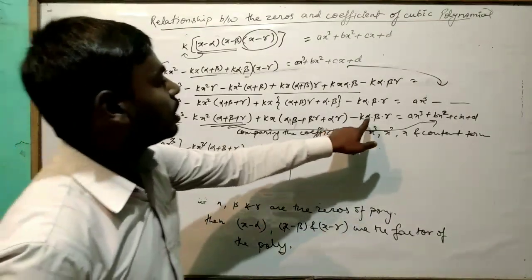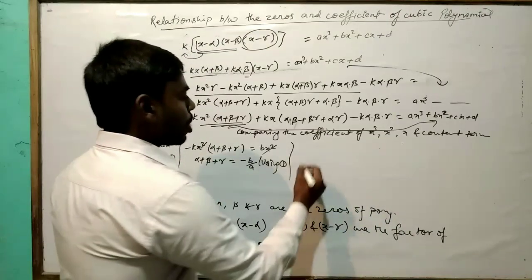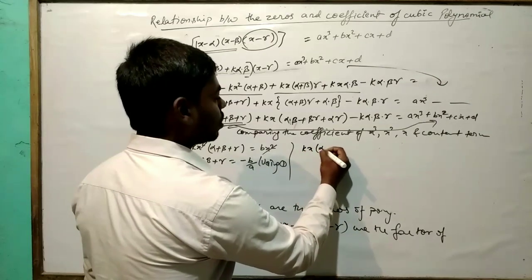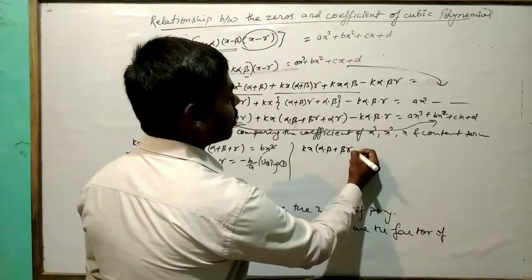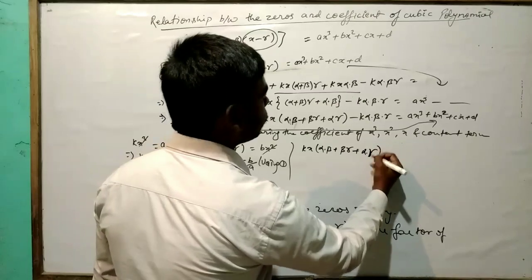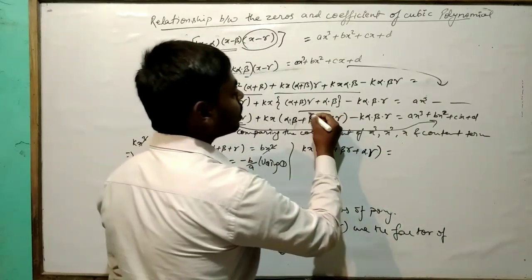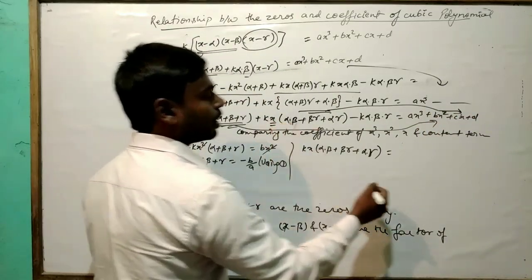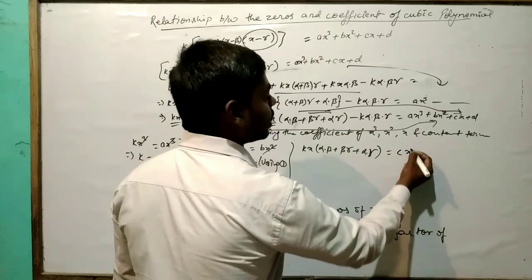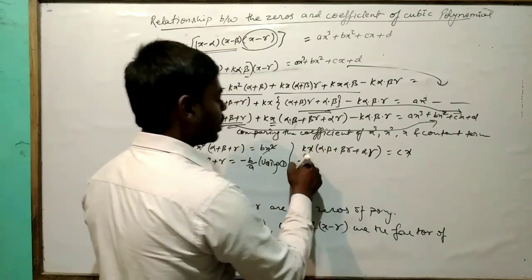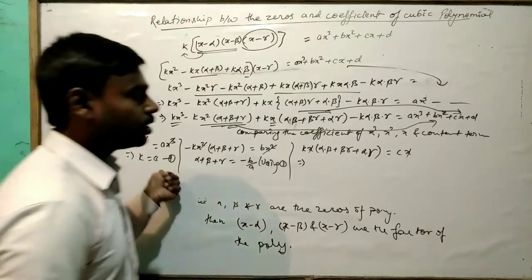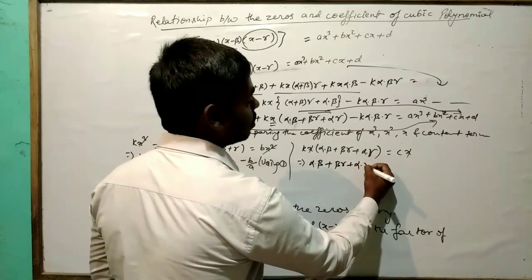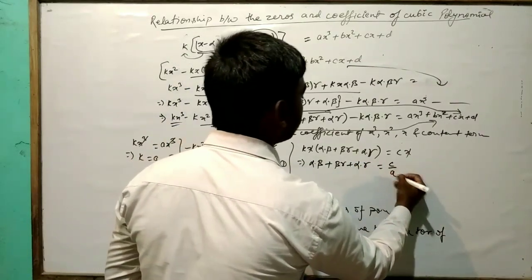Now the third term: kx into alpha into beta plus beta into gamma plus alpha into gamma is equal to cx. Then x gets cancelled, and k is equal to a from the first, so alpha into beta plus beta into gamma plus alpha into gamma is equal to c by a.